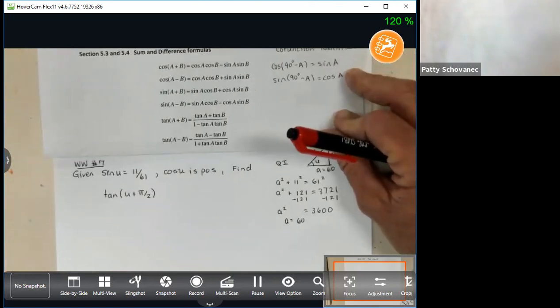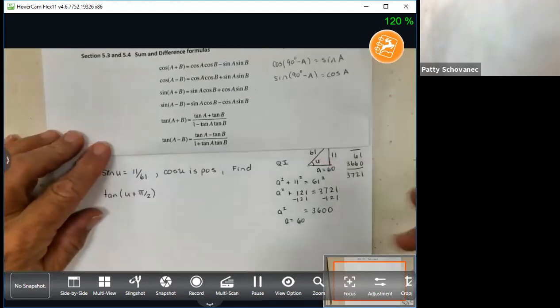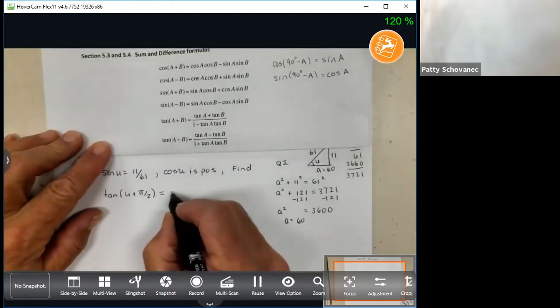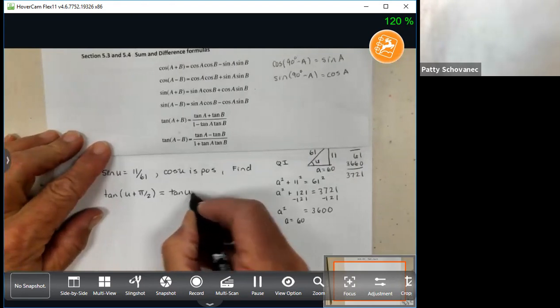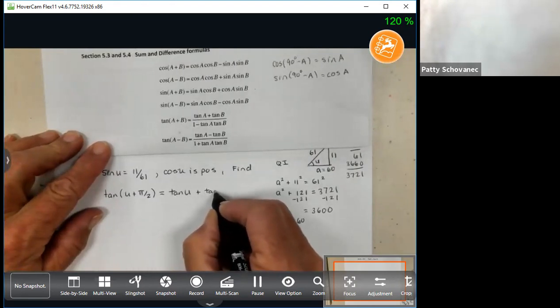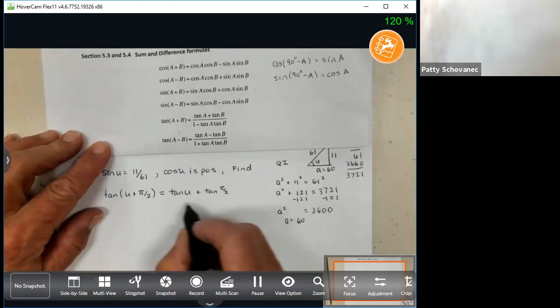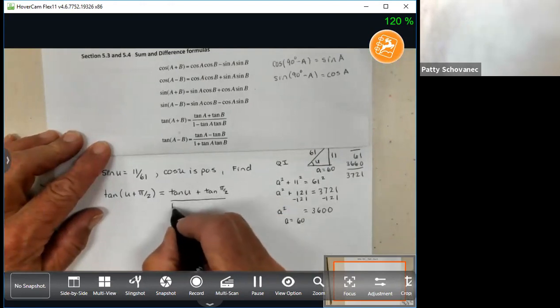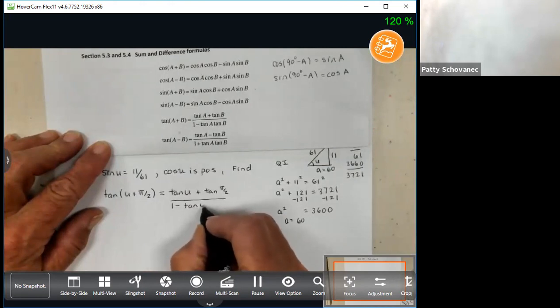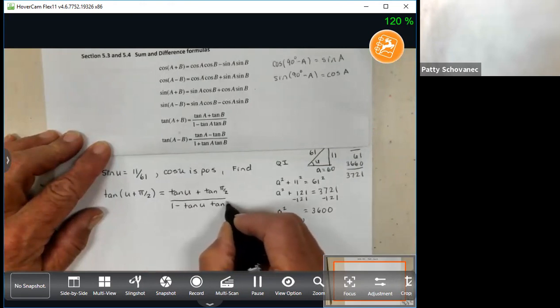The second from the bottom, the tangent of A plus B is the tangent of A plus the tangent of B divided by 1 minus the product of the tangent of A with the tangent of B. We're going to use U as A, and pi over 2 will be our B. So it's the tangent of the first angle plus the tangent of the second angle divided by 1 minus the tangent of the first angle times the tangent of the second angle.